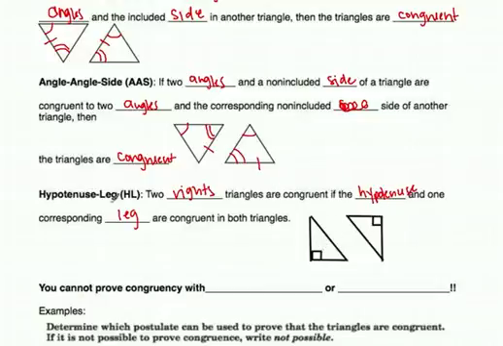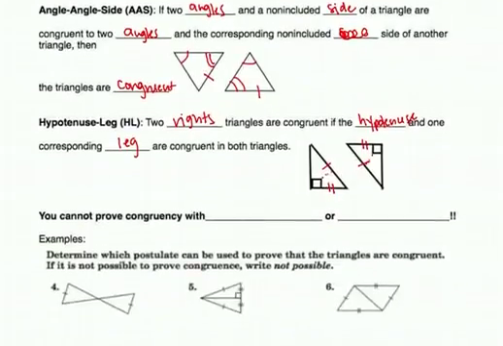These both have right angles, so hypotenuse leg is a possibility. And the hypotenuse, remember, is always the side across from the right angle. So if the hypotenuse in both of these is congruent to each other, and then the corresponding leg, say this one and this one, I could prove that these two were congruent by hypotenuse leg.